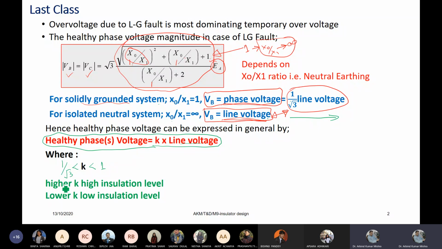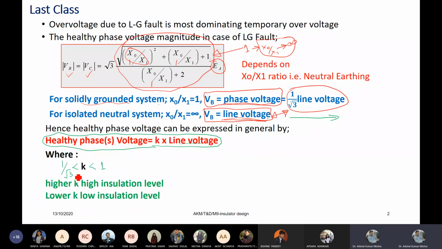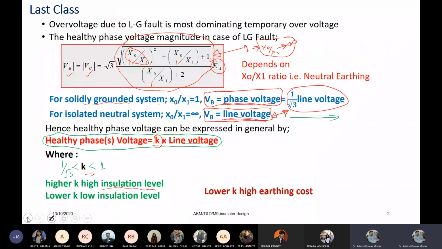And we also discussed that the higher the value of K, the higher the overvoltage will be, so the insulation level will have to be high. The lower the K, the lower the overvoltage. But we cannot achieve a lower K without investment.